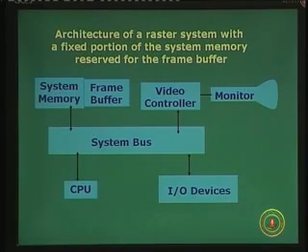Well, here is a slightly elaborated architecture of the raster system with a fixed portion of the system memory reserved for the frame buffer. As I was saying, the system memory and the frame buffer together can be visualized as a single memory module of the system, or you can have a part of the system memory, or the RAM as it is called, identified as the frame buffer, where the CPU or the application program puts the instructions in terms of the display list or display program, which we talked about in the case of random scan.